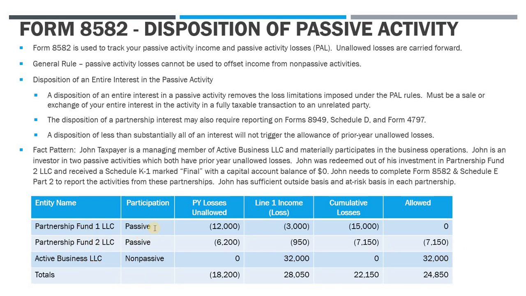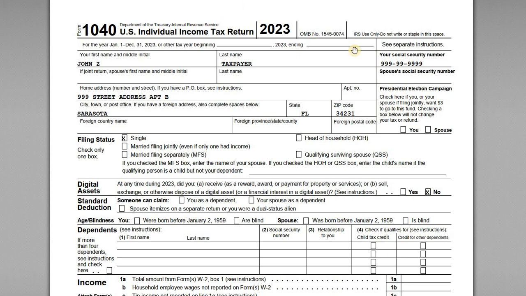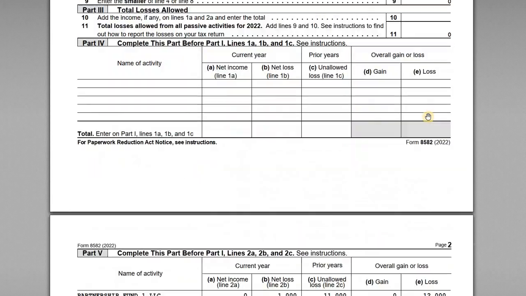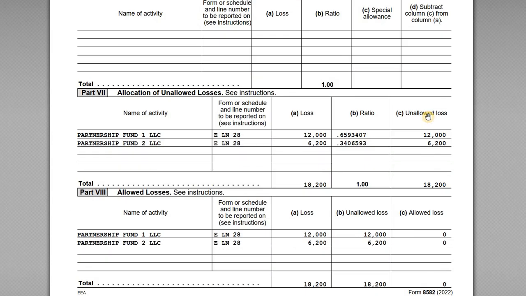For partnerships 1 and 2, both passive activities, both of them had prior year losses that were unallowed. So if we have a quick look at the prior year 8582, I'll show you what I mean here. So for the 2022 return, if we scroll down to Part 8 where we have the allowed losses for the year, we can see we have Partnership 1, Partnership 2.